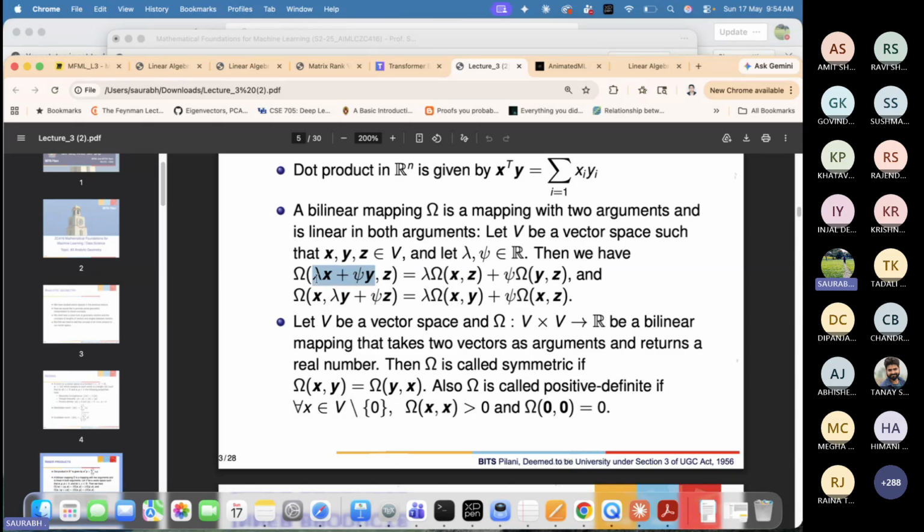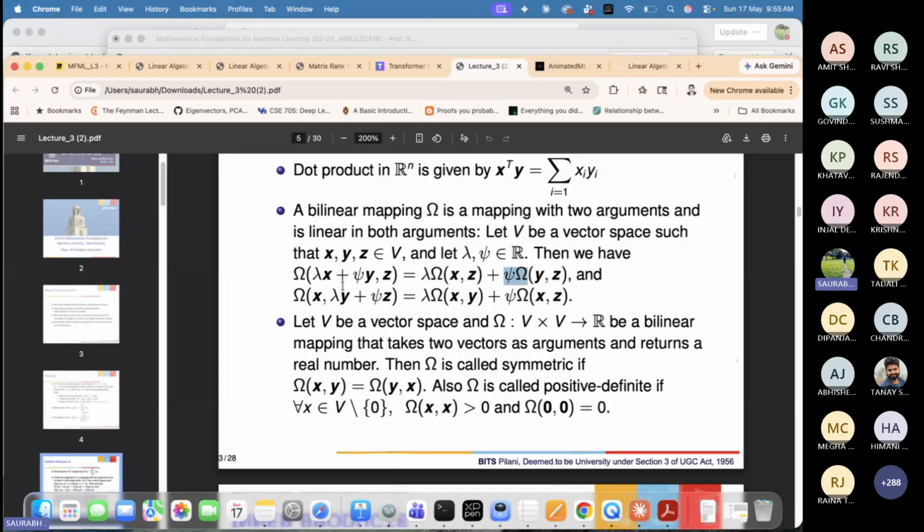When you scale vectors and take a dot product with the third vector, the inner product is equal to scaling the inner product between the first and third vector and scaling the inner product between the second and third vector.